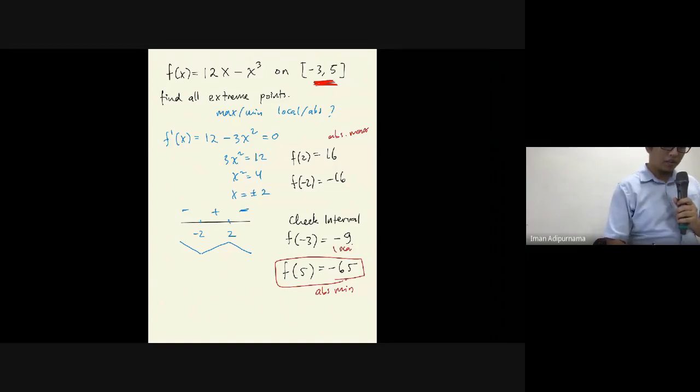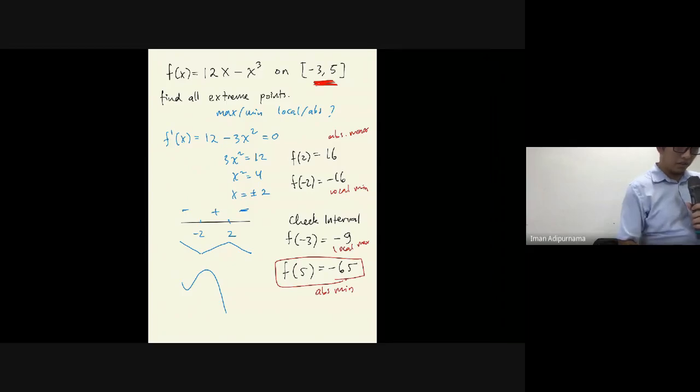This is the local max, local min. And probably the graph is like this.